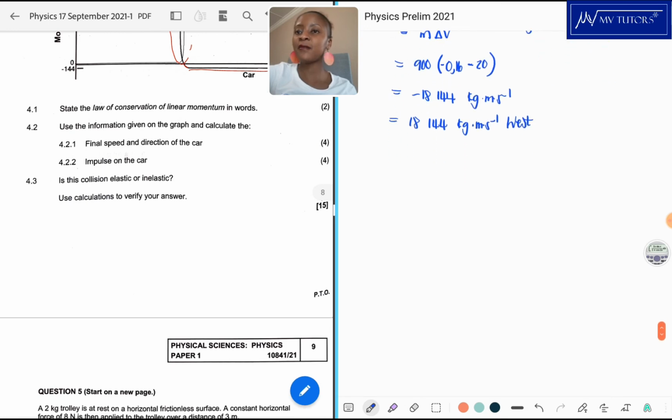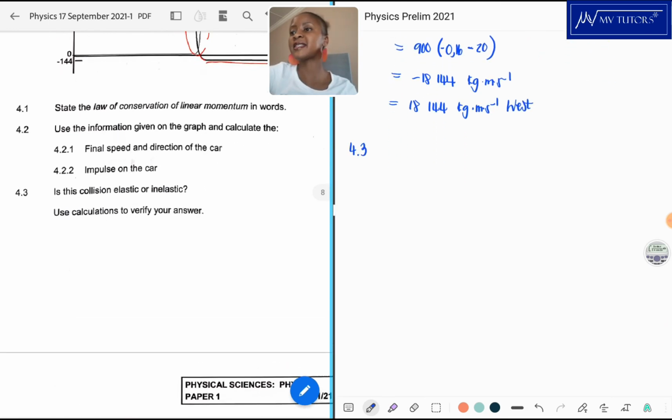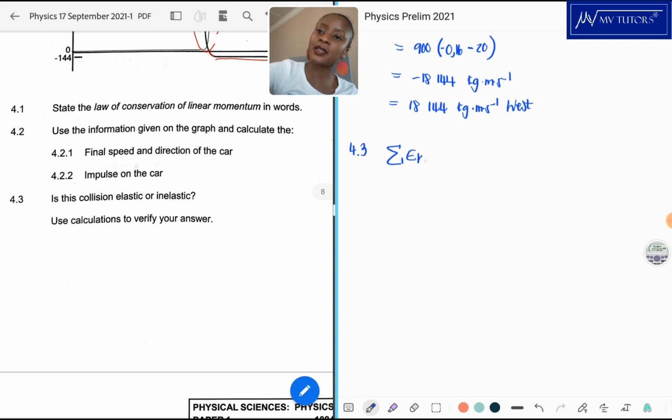Okay, and then 4.3. It says, is this collision elastic or inelastic? Now, what is the condition for something to be elastic? Basically, the sum, not the change, the sum of the kinetic energy initially has to be equal to the sum of the kinetic energy finally, or before has to be equal to after.